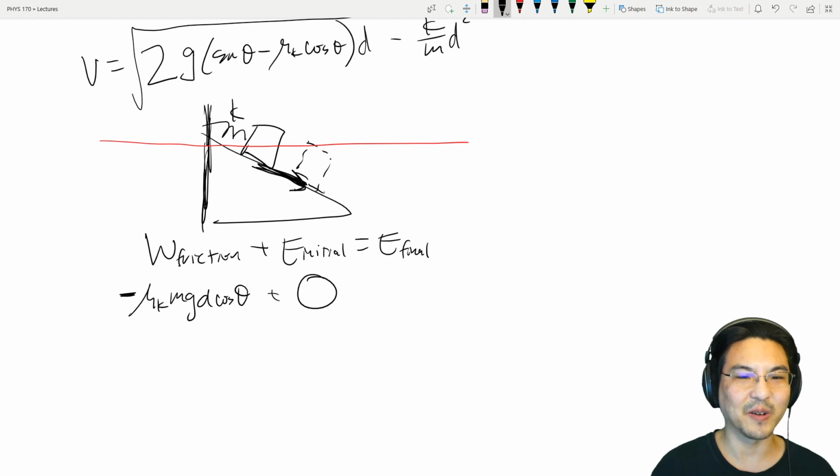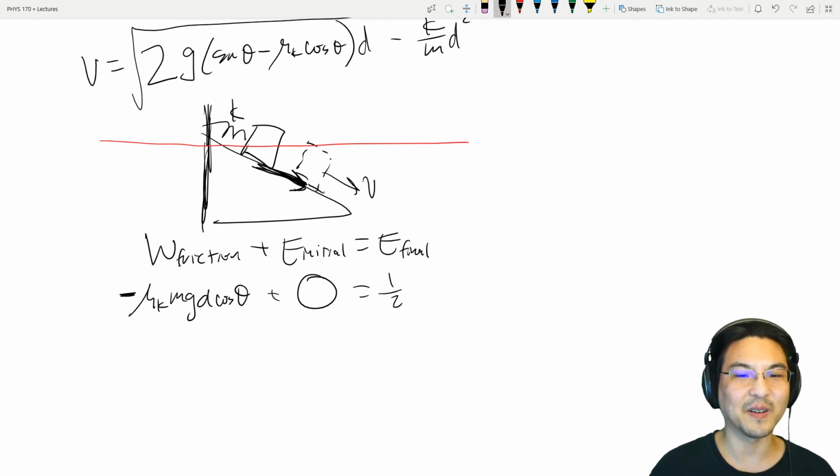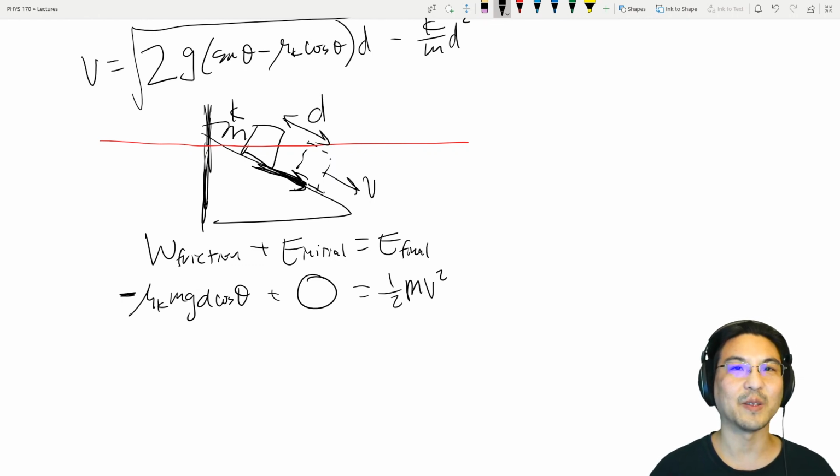This is 0. Now final, over here, now the block is moving with some speed v. So it has kinetic energy, 1/2 mv squared. The spring is now stretched by some d. So the spring has potential energy, 1/2 k, however much it's stretched, squared.